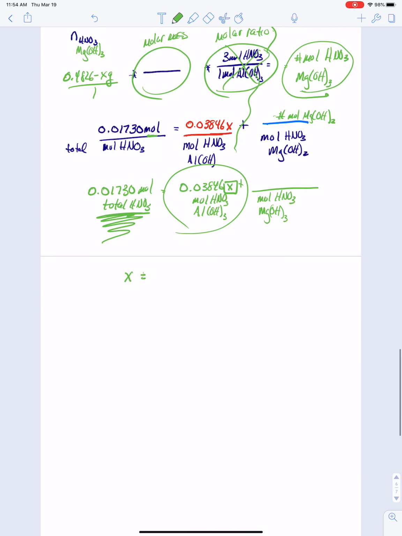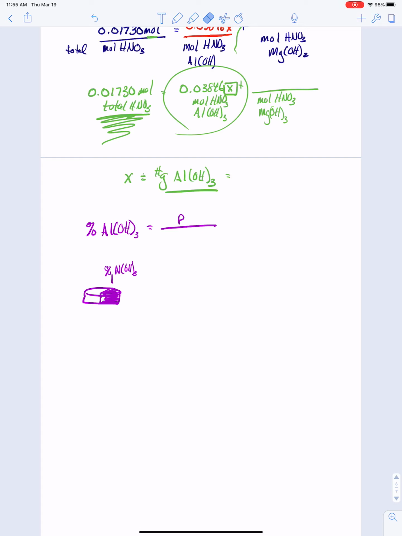So the percentages, of course, are part over whole, times 100. The part of the tablet, which is aluminum hydroxide, is the number of grams of aluminum hydroxide. It would be this answer right here, whatever it turns out to be. The whole tablet was given up in the question stem.